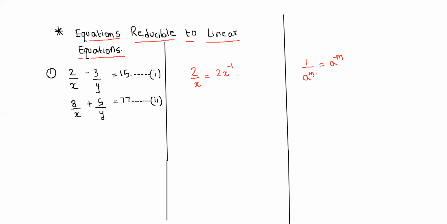So here 2 upon x is nothing but 2x raised to minus 1. Since the index has a negative sign, we cannot say that 2 upon x minus 3 upon y is a linear equation. It is not a linear equation because of the minus 1.